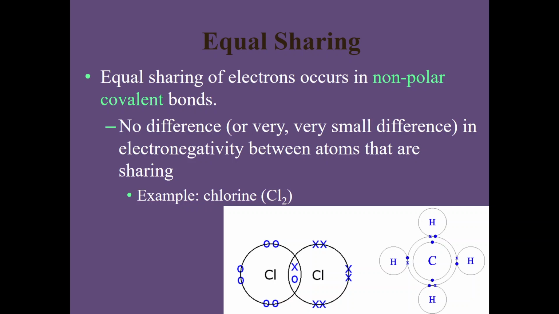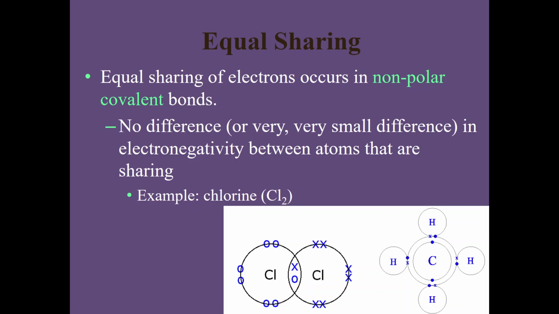Here is an important thing: just because it has polar bonds does not mean it's a polar molecule. In order for it to be a polar molecule, it needs both polar bonds, so unequal sharing of electrons, and it has to have the correct geometry. Meaning that if it's perfectly symmetrical, no matter which way you rotate the molecule, it all looks the same.